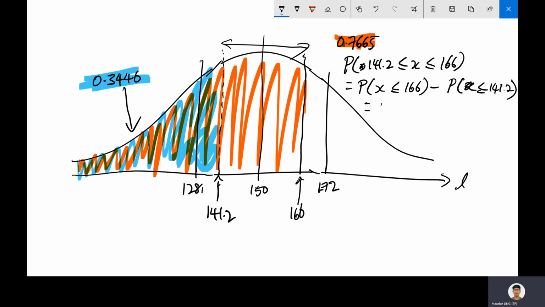So you just minus off 0.7665 minus 0.3446. That gives you the area of this part here.